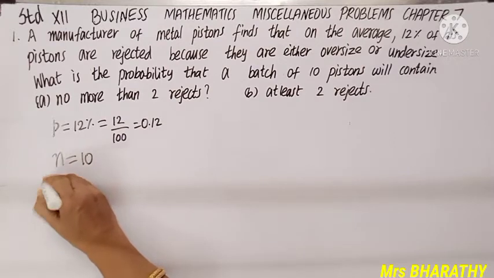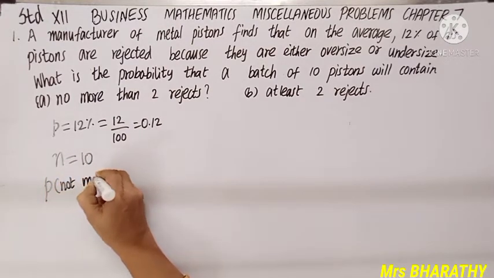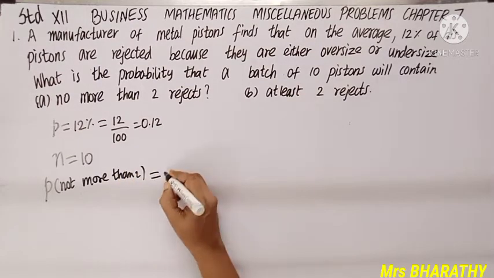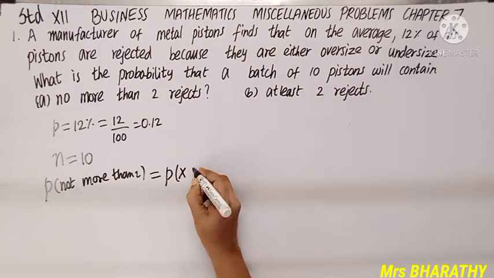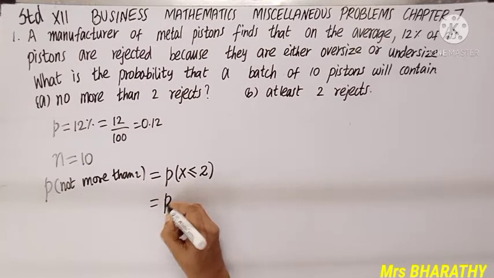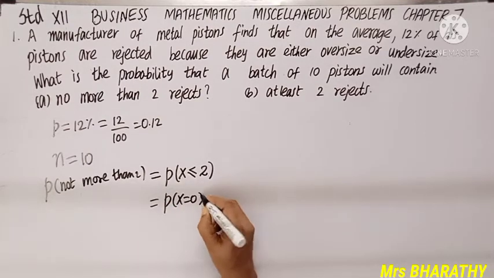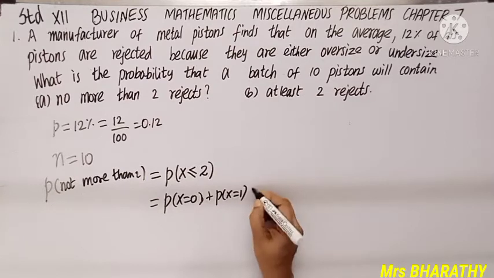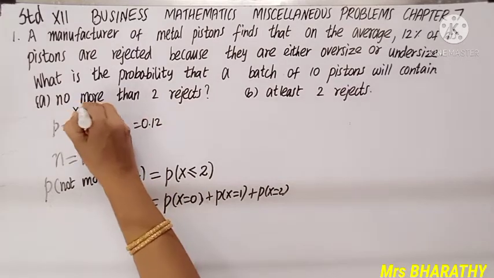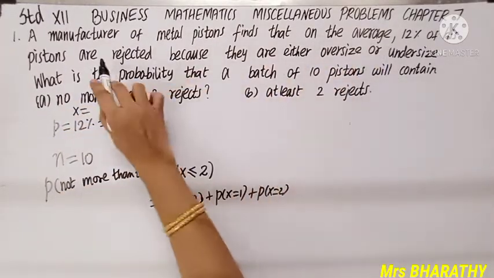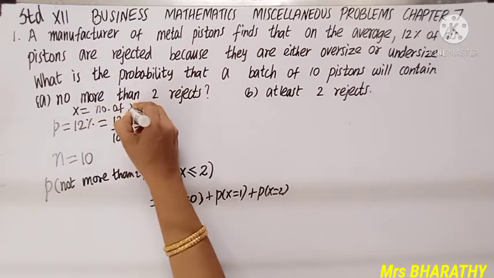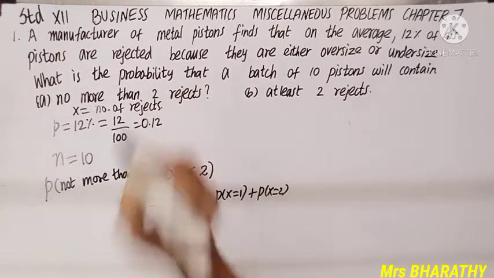When my question is probability of not more than 2, it tells me x is less than or equal to 2, or x is equal to 0 plus x is equal to 1 plus x is equal to 2. So we need to write what is x. So x represents the number that is rejected. So the number of rejects we shall call x.